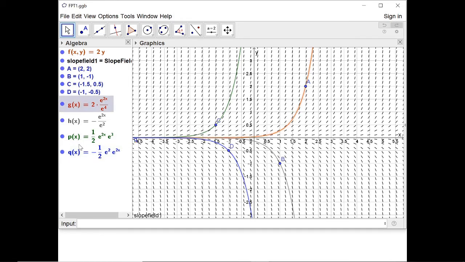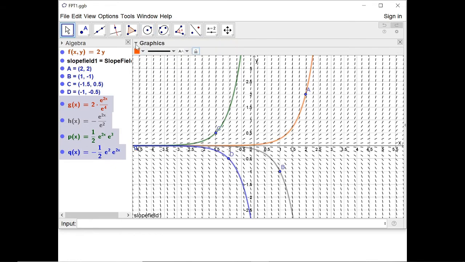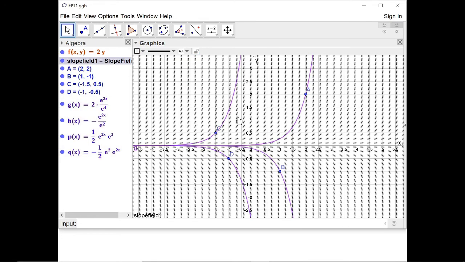Let's just make all 4 of these the same colour. There we are, that's better.